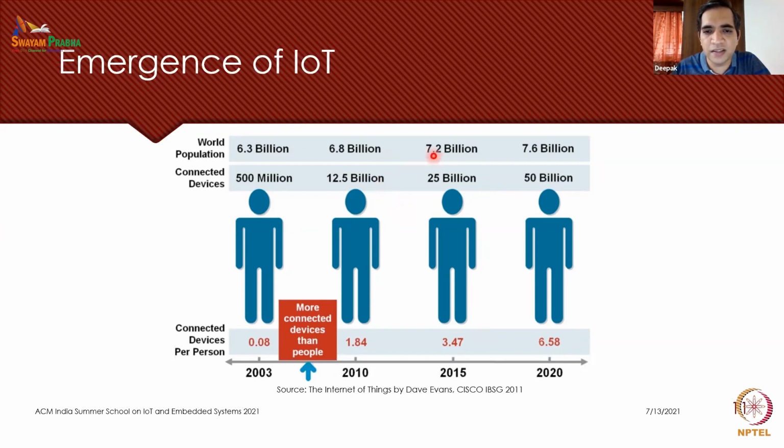And then this gap is increasing pretty fast now. In 2015 it was about 3.5 times, and in 2020 the number seems to be 6.5 times, very close to 7 times the number of people. So what does this mean?